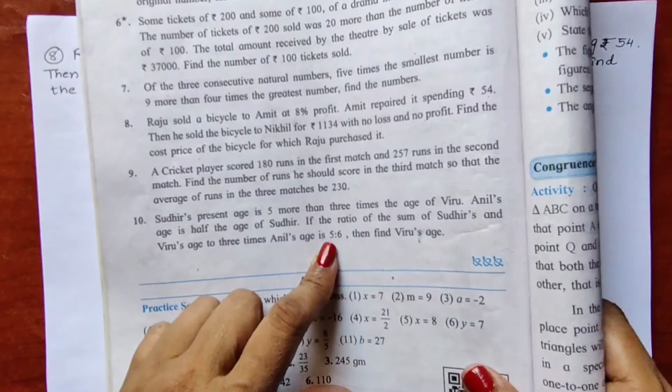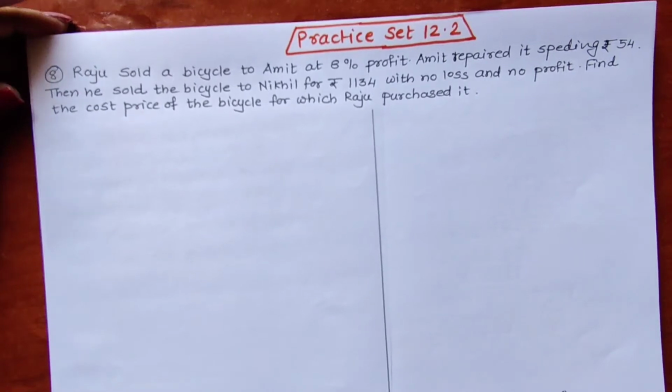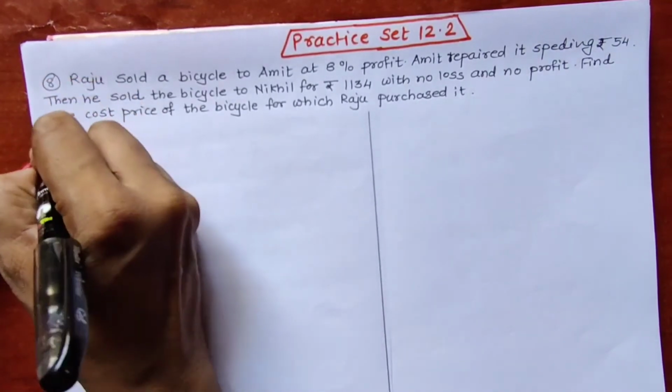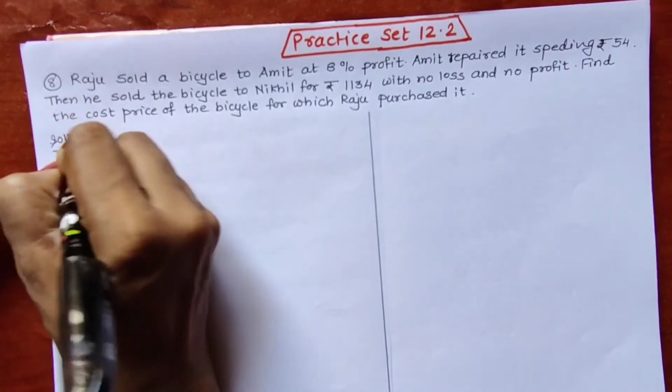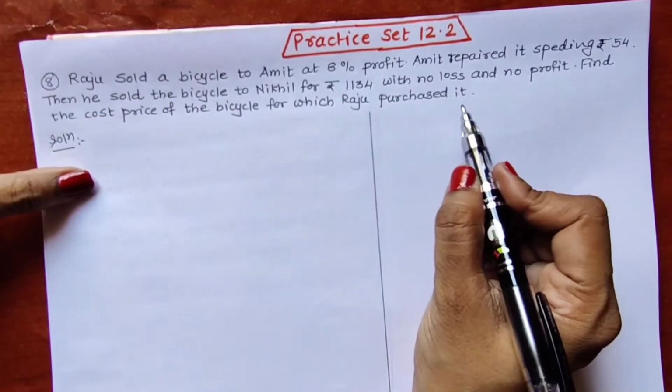So let us see one by one. We will write the statement and we keep on finding out the values. So I have written the question over here. Now we will start our solution. We have to find out the cost price of bicycle for which Raju purchased it.